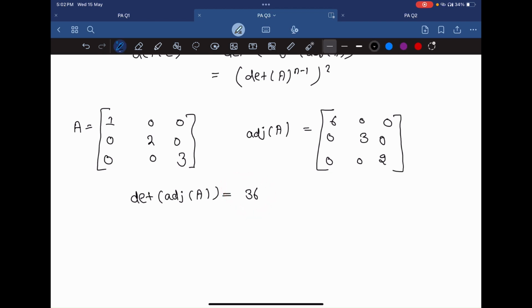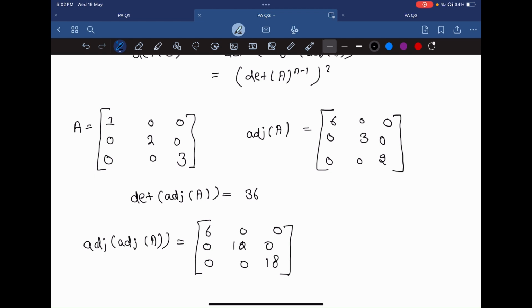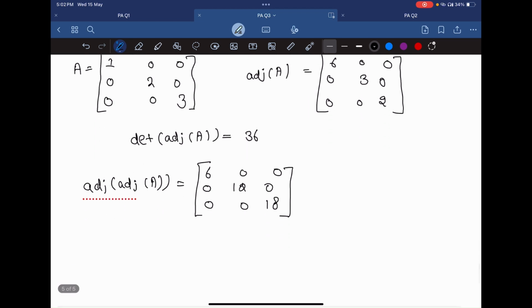Now if we again try the adjugate of adjugate of A, this would be 18. Now what would be this determinant?